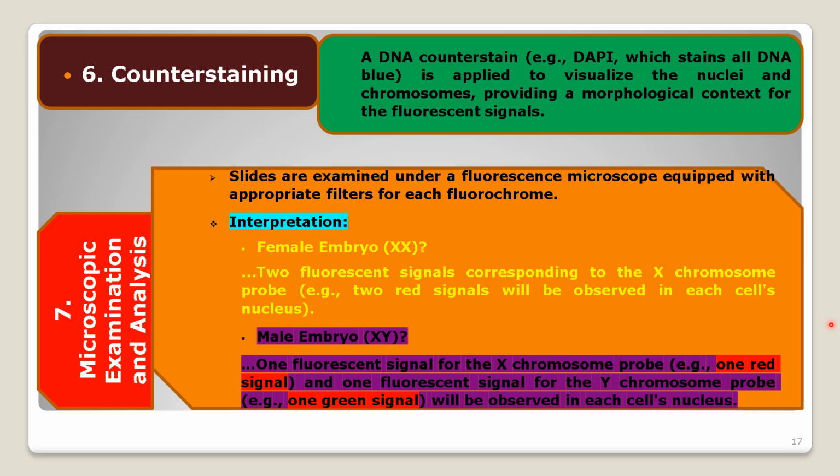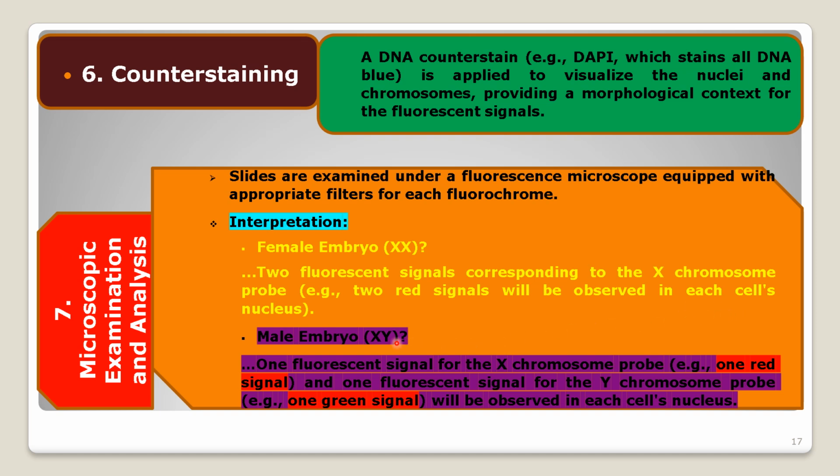Each of the filters is able to act on each of the fluorochromes, and then we can interpret the result such that the embryo is female when two fluorescent signals corresponding to the X chromosome probes, e.g., two red signals, are observed in each cell's nucleus.